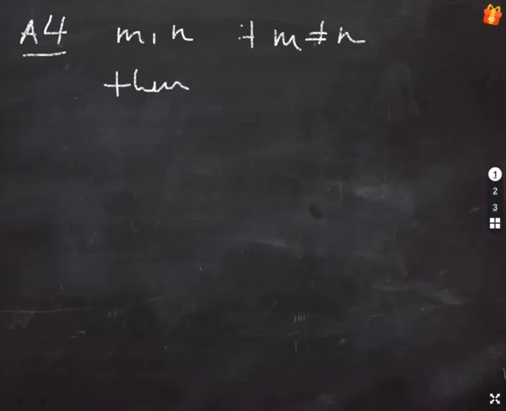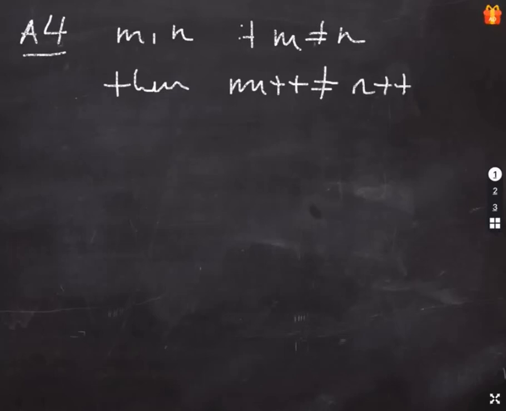So that if you have two natural numbers, for instance m and n, then if m is different than n, then m++ must be different than n++.